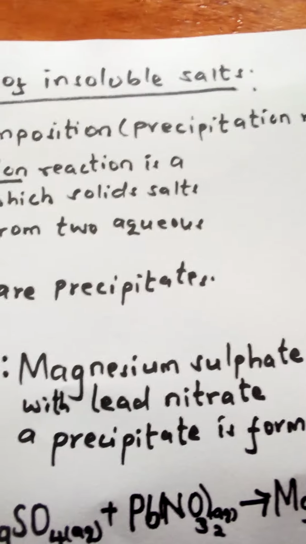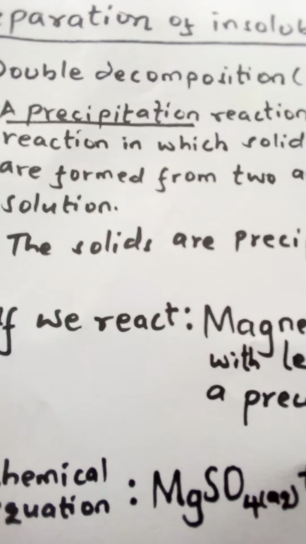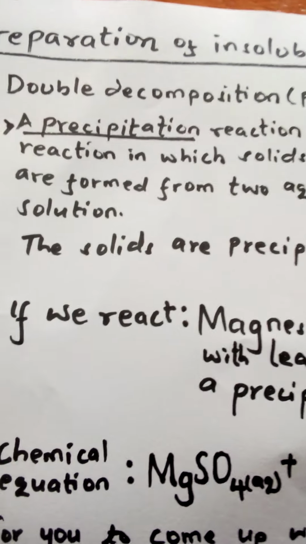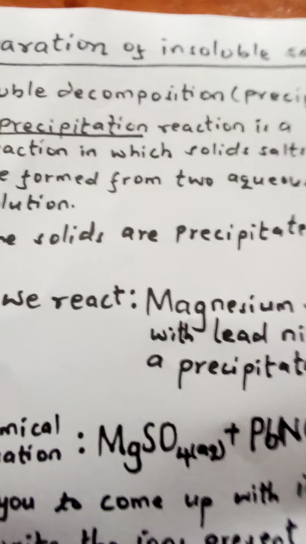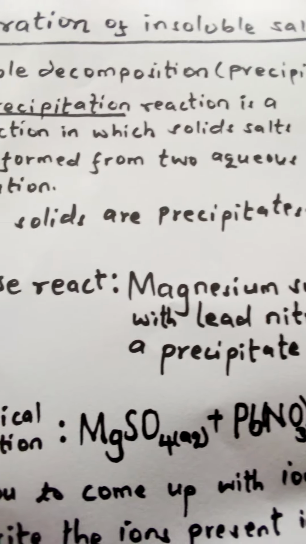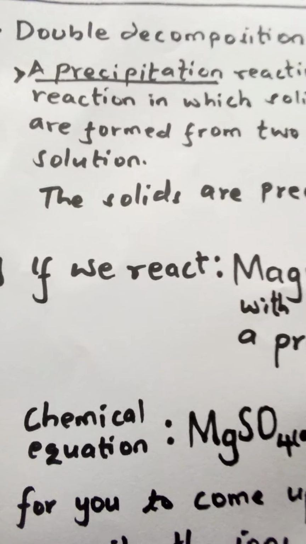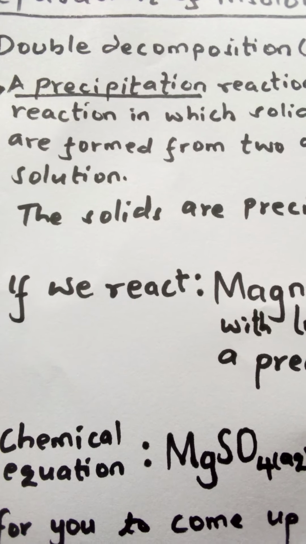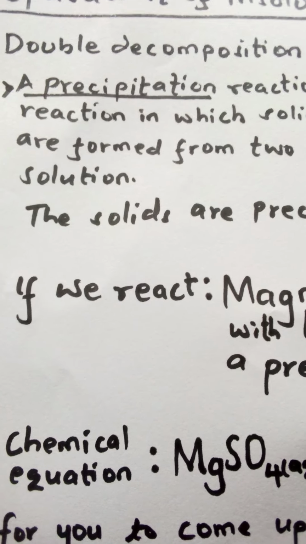A precipitation reaction is a reaction in which solid salts or precipitates are formed from two aqueous solutions. So you react aqueous solutions to get a precipitate, which is a solid.